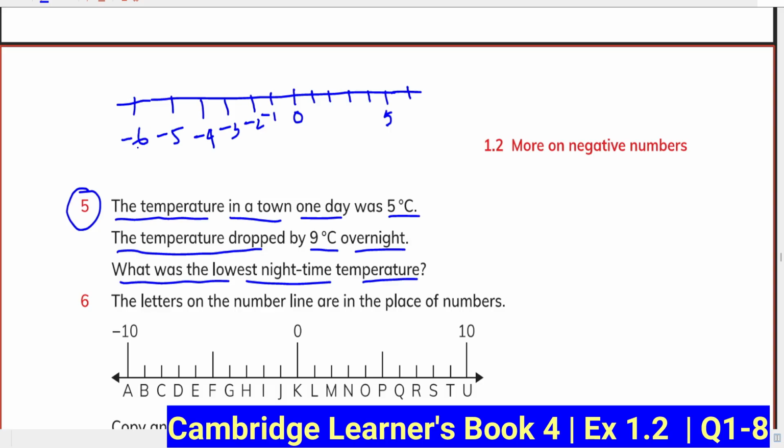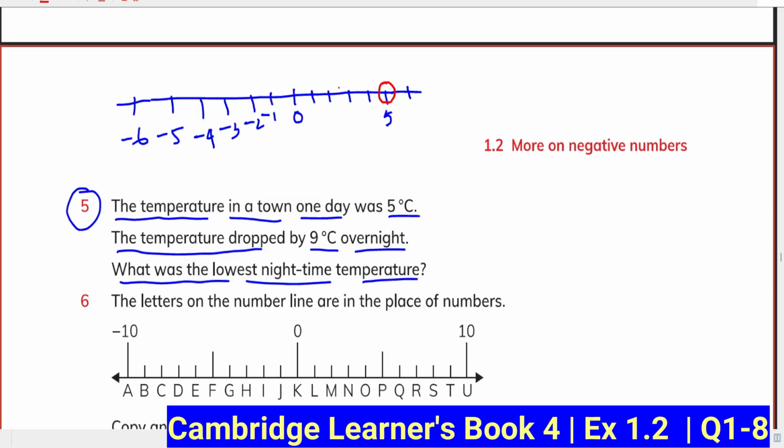So the daytime temperature was 5 degrees Celsius, and the temperature dropped by 9 degrees Celsius overnight. Dropped means it will be backward.